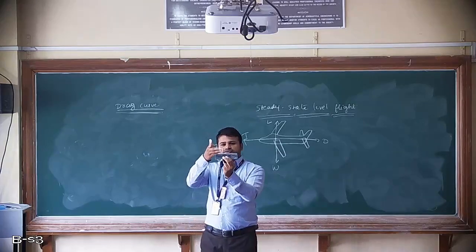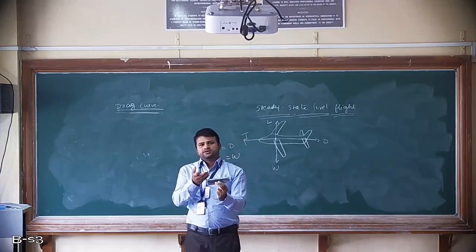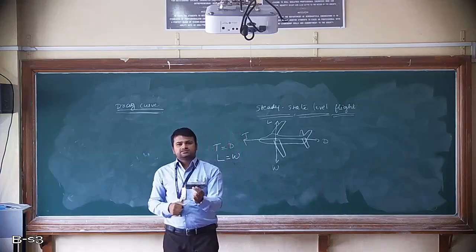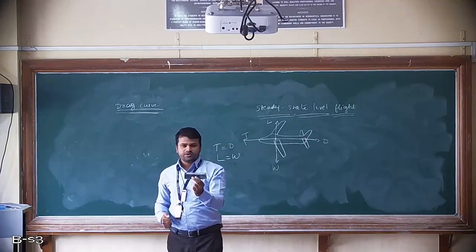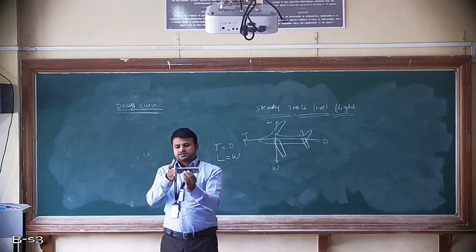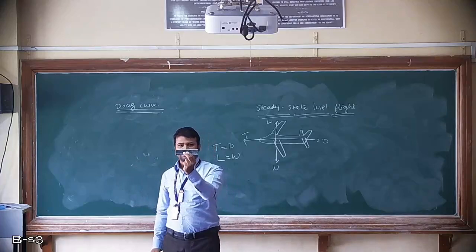What if the lift is less and weight is more? It will come down. What if lift is more and weight is less? It will go up. But for steady state condition, what we want is thrust equal to drag and lift equal to weight.